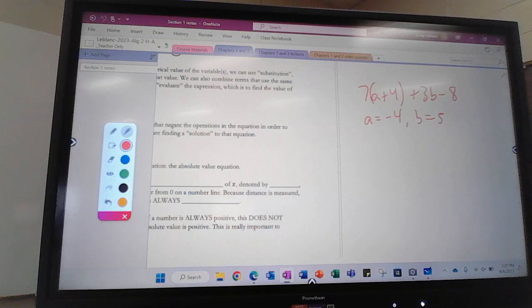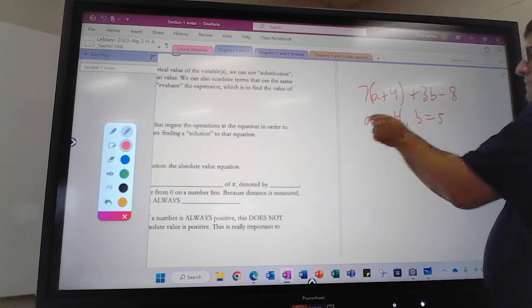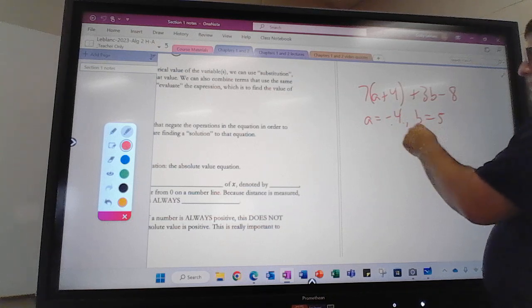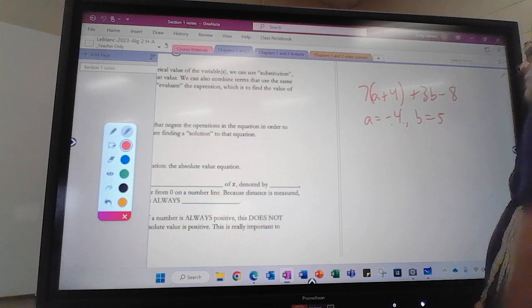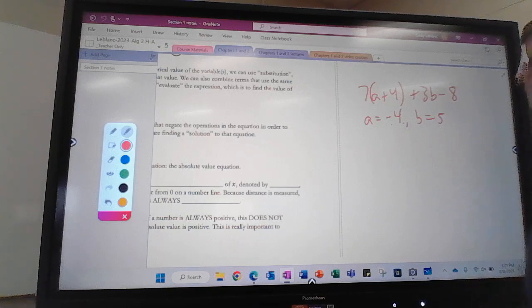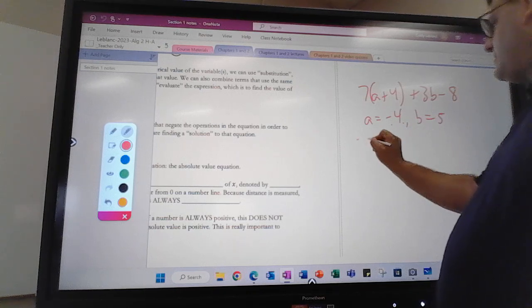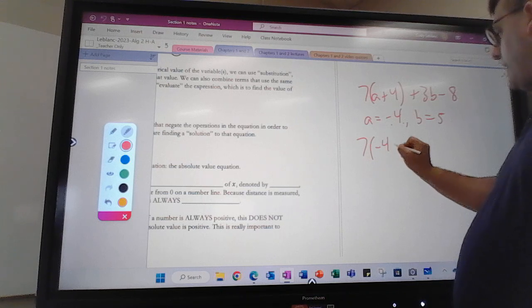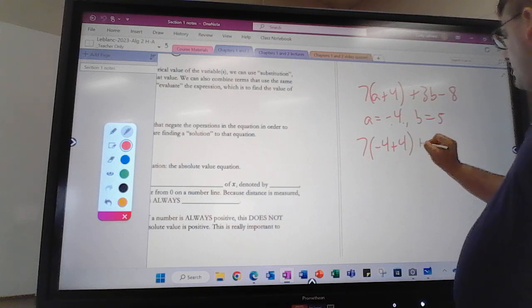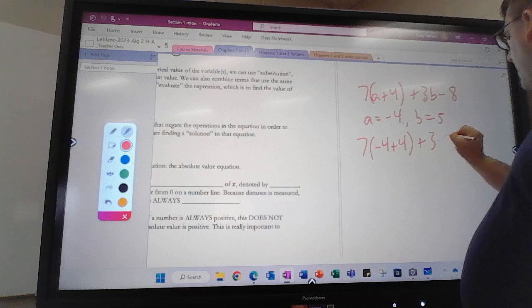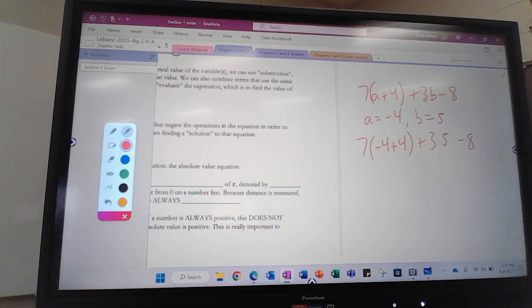Well, if I want to evaluate this expression with these variables and their values, then I'm going to substitute this number for A, this number for B. So wherever there's an A, I'm going to put this number. Wherever there's a B, I'm going to put this number, okay? So in this case, that's 7 times -4 plus 4 plus 3 times 5 minus 8.